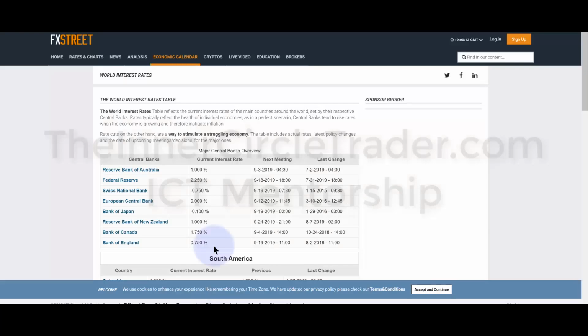If we go back to our table here, it tells us the next time that the central bank will sit down and review whether or not it's going to raise, leave unchanged, or cut the interest rate of that country. It's September 3rd, 2019, which is coming up in a few weeks.